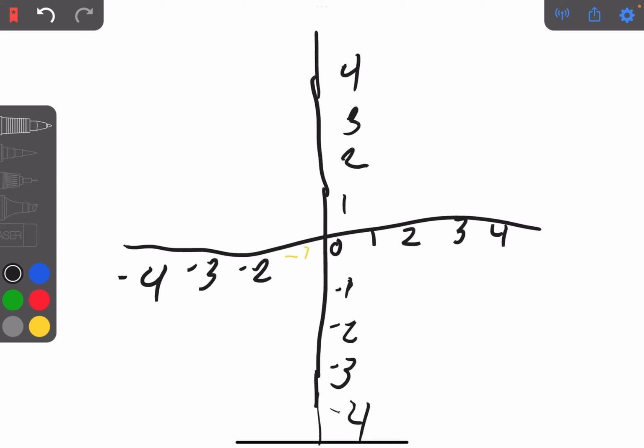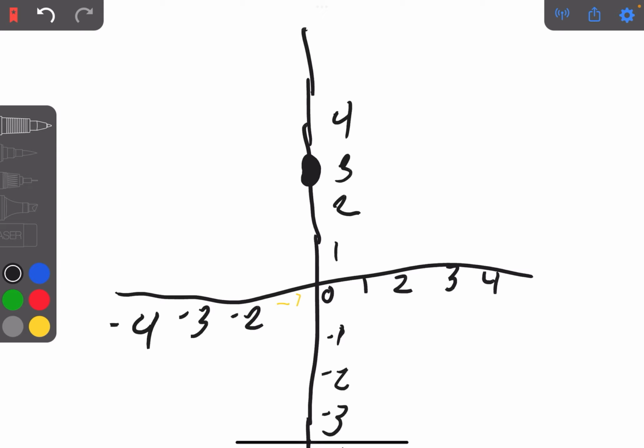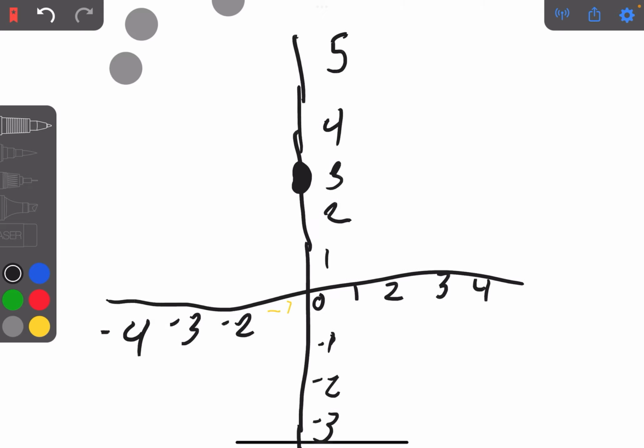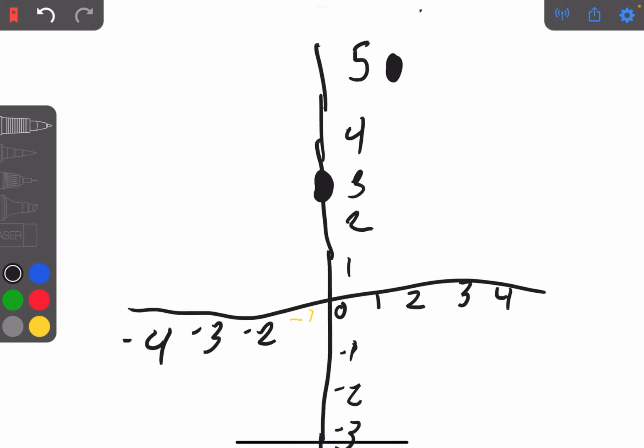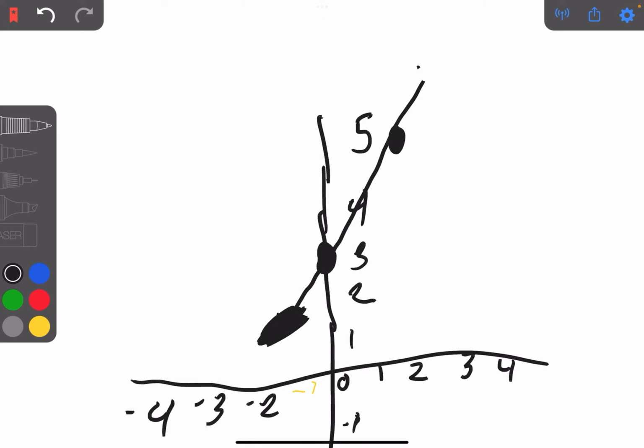So now, this is what we're going to do. They're going to give you 2 arbitrary points. Arbitrary is random. And now, they're going to make you write this equation.